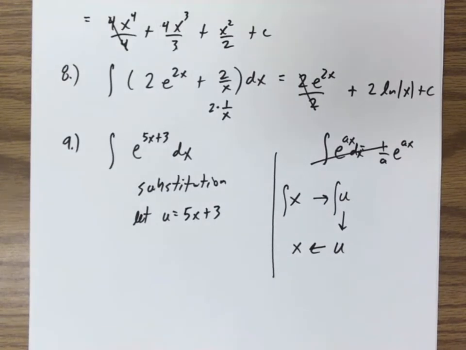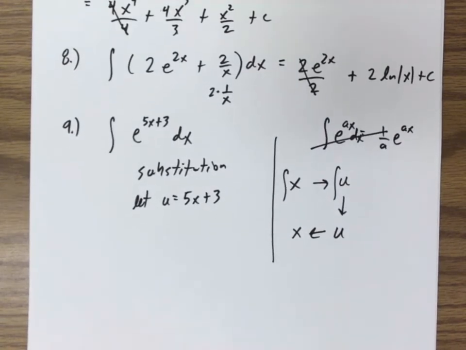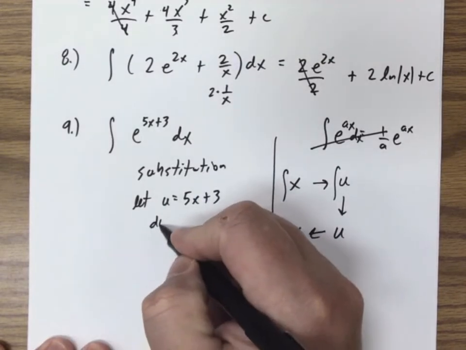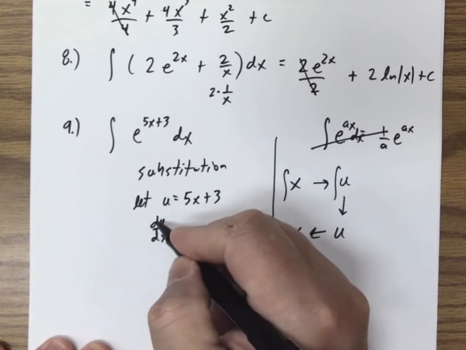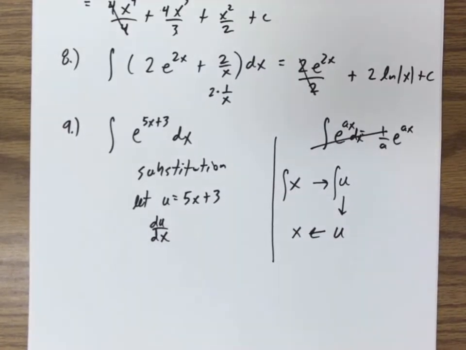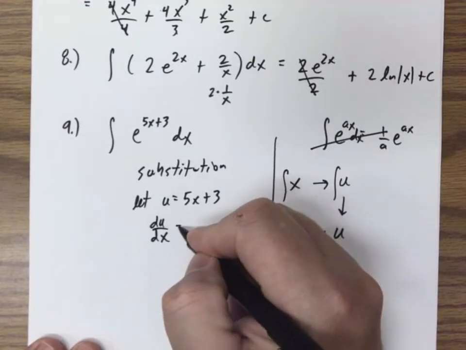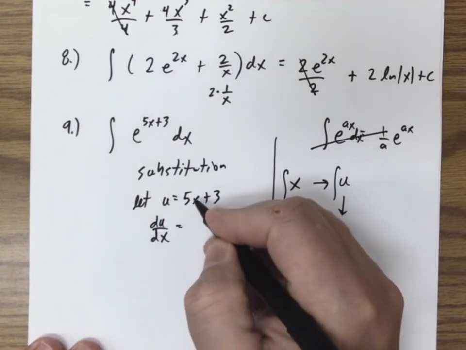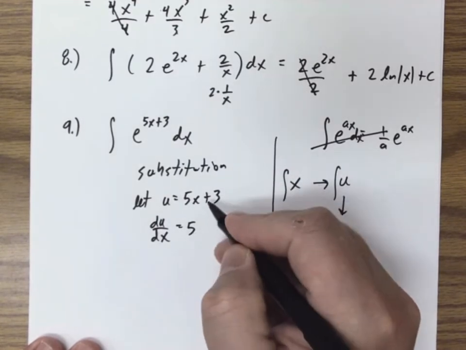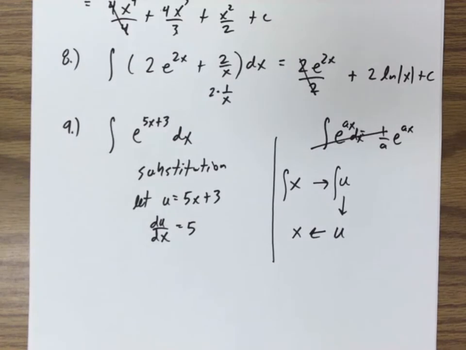So we say let u equals 5x plus 3, and now substitution steps are always the same. You define u, then you always take the derivative, du dx, the derivative of u with respect to x. 5x plus 3, derivative of 5x is just 5, derivative of 3, a constant, is just 0. So du dx equals 5.